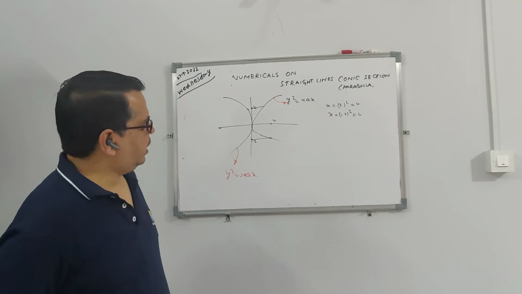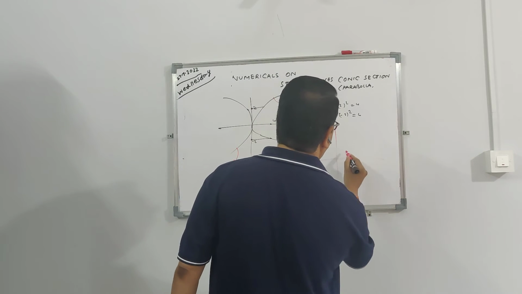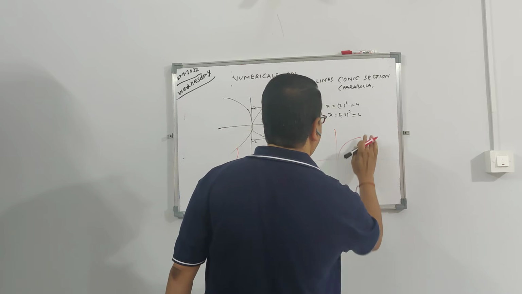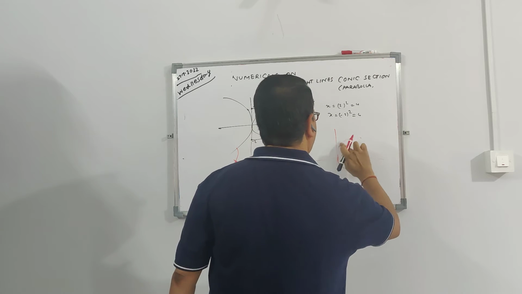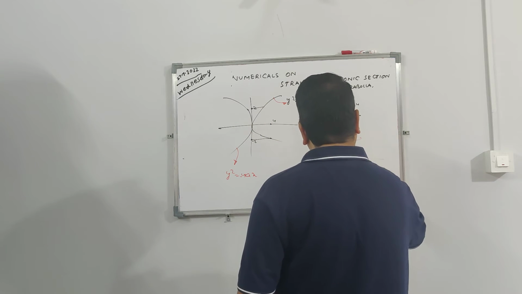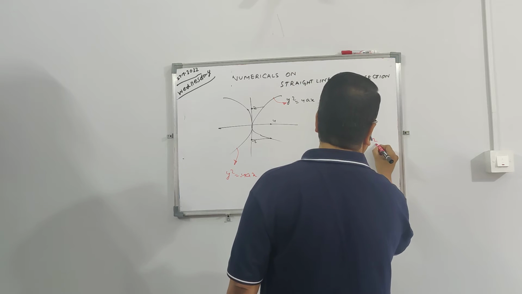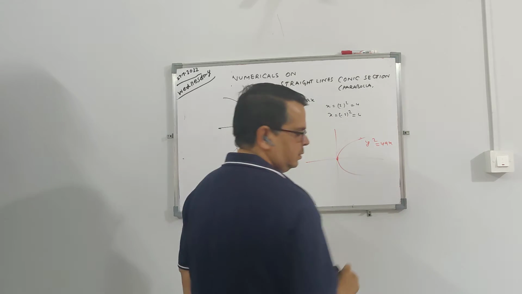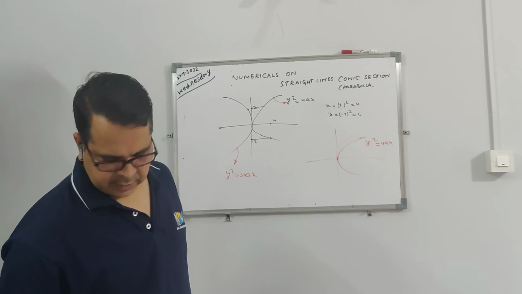Then in parabola there is something called the directrix and all that. So in this parabola, this is your y square is equal to 4ax. So there is something called your directrix.